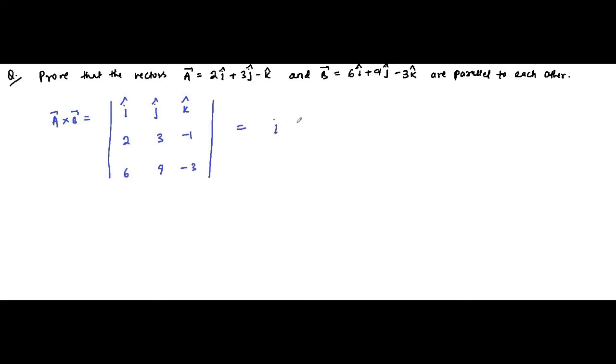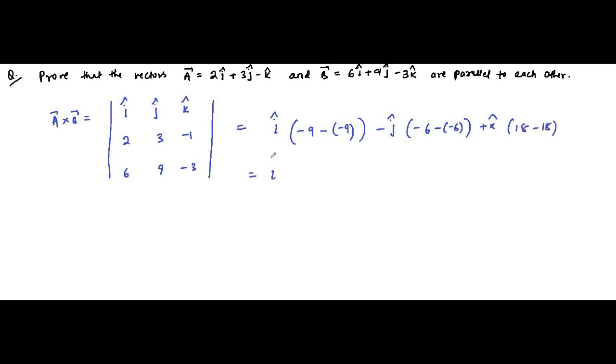So it is i cap, 3 into minus 3, which is minus 9, minus 9 into minus 1, which is minus 9, minus j cap, 2 into minus 3, which is minus 6, minus 6 into minus 1, which is minus 6, plus k cap, 2 into 9, which is 18, minus 6 into 3, which is 18.